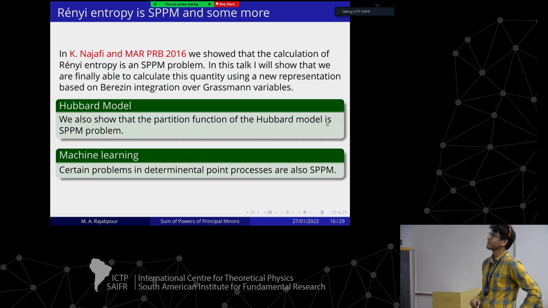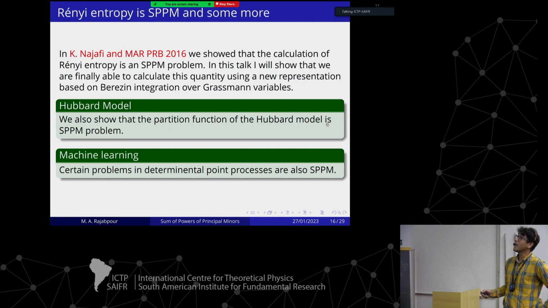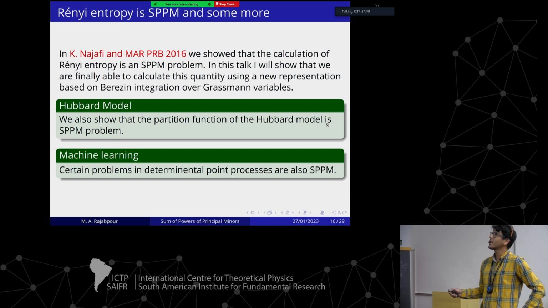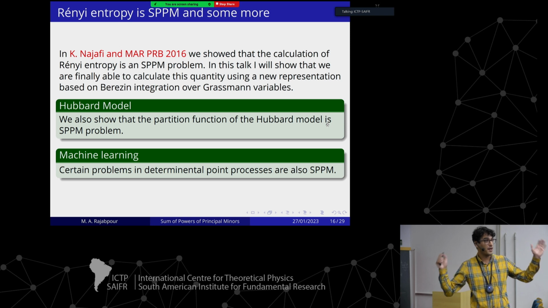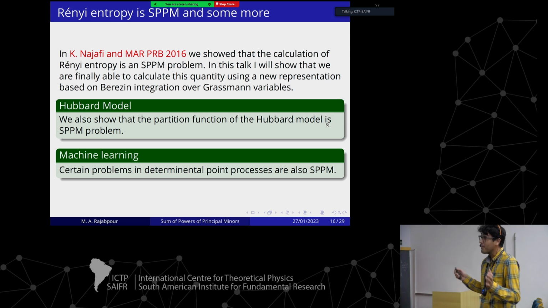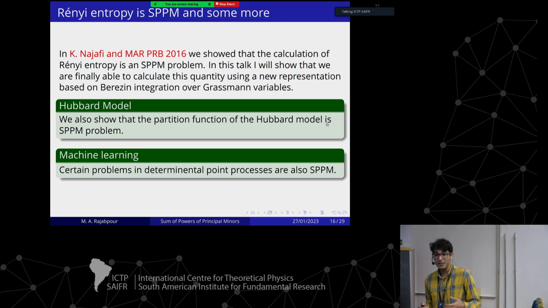Okay, so in 2016, we realized that the calculation of Rényi entropy in this model is actually this SPPM problem, which is the sum of powers of principal minors. Somewhere there is a matrix for which you need to calculate all the principal minors. Each principal minor is some sort of probability, right?